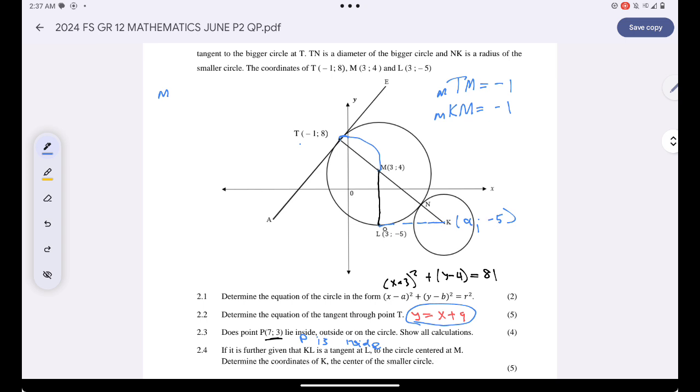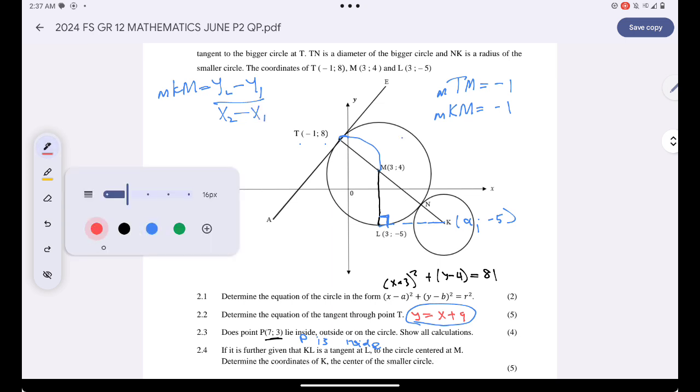If it's a tangent, that means this is a horizontal line, because this line is perpendicular to the vertical line of ML. Are we together? Tangent and the radius are always perpendicular. So the gradient of KM, I'll get it by saying y2 minus y1 over x2 minus x1, right?